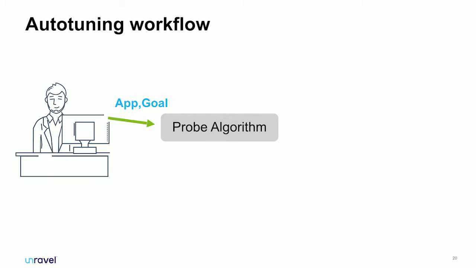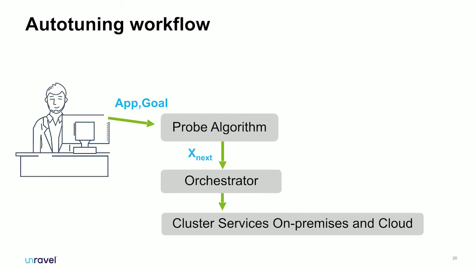So what does that really mean in terms of the workflow? One part of it is the probe algorithm, where it will take the app that you provide and the performance goal, and then provide some kind of recommendation. What needs to be done next is that it automatically submits a new app with this new recommendation to the cluster to run it. This can be on-premise or on the cloud.